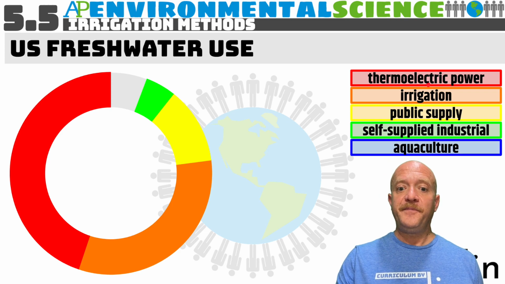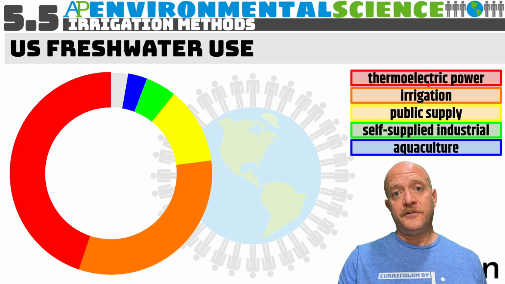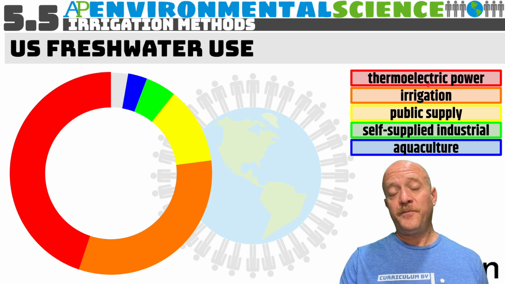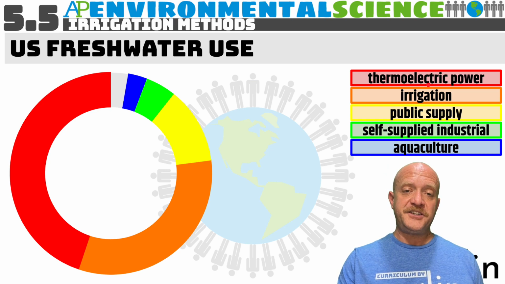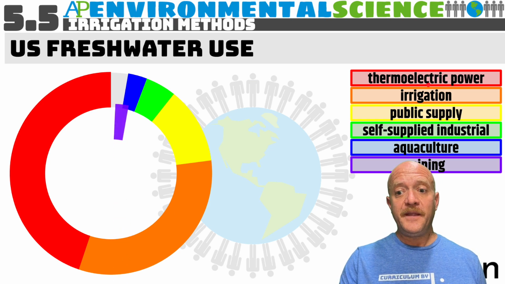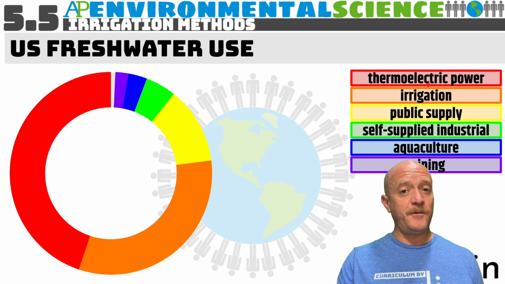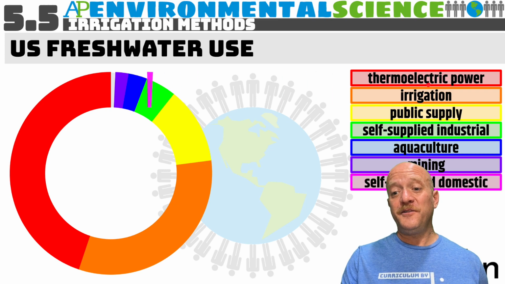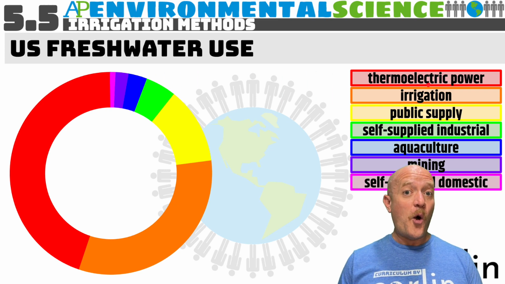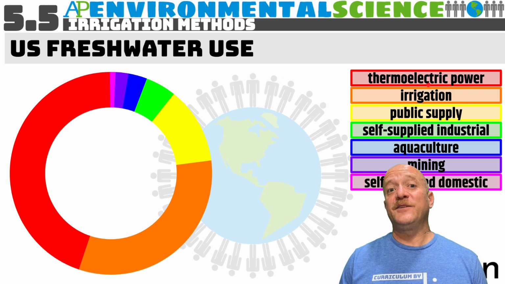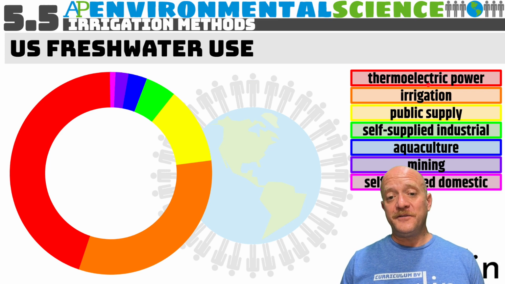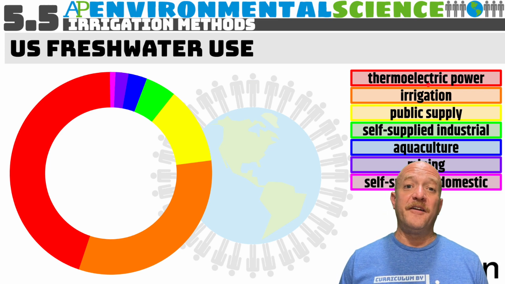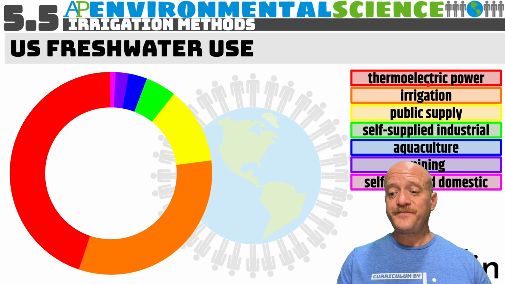Then we have aquaculture, which we'll discuss in a future video, but it involves raising fish, basically farming fish. Then we have mining, which requires a lot of water. And the smallest amount of freshwater use is for our homes, self-supplied domestic water. So this is the water that we use, for example, on a farm digging a well.